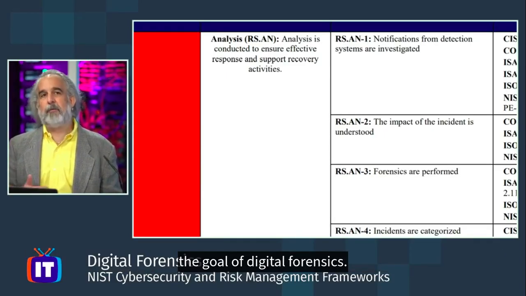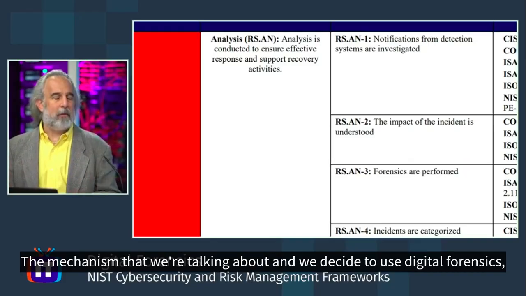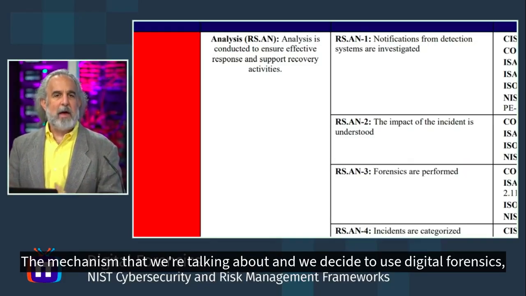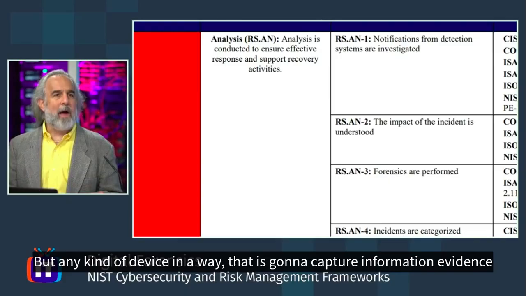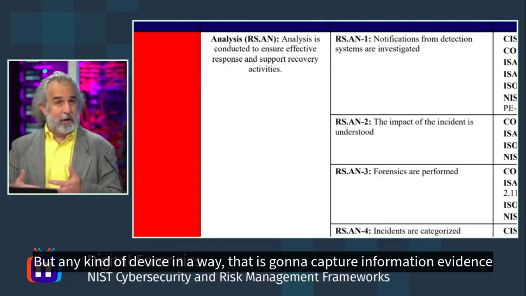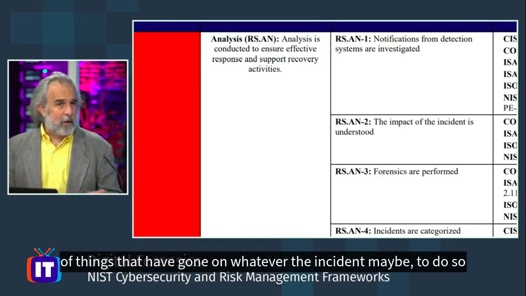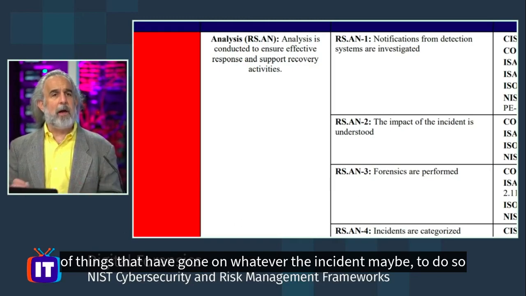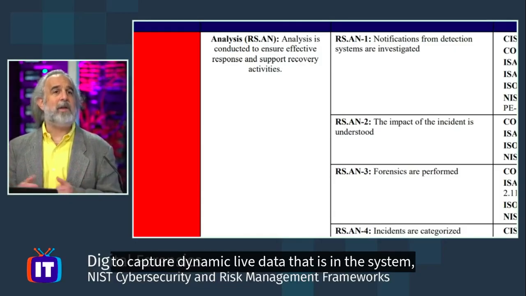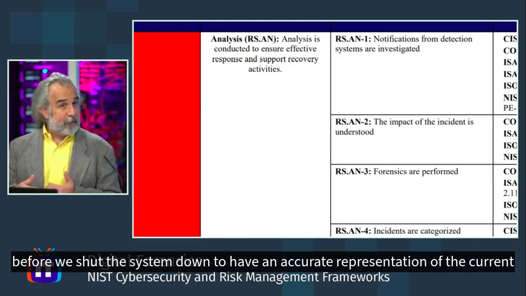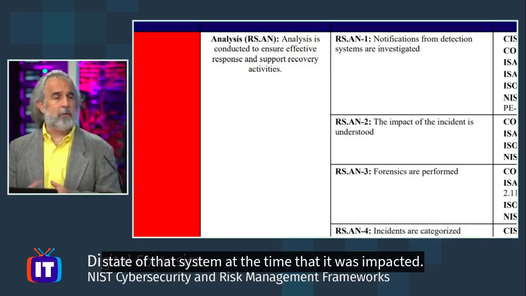The goal of digital forensics is the examination of an information system, in this case a computer system, but any kind of device, in a way that captures evidence of whatever the incident may be, in a forensically sound manner, meaning we use proper techniques. We capture dynamic live data in the system before we shut it down to have an accurate representation of the current state of that system at the time it was impacted.